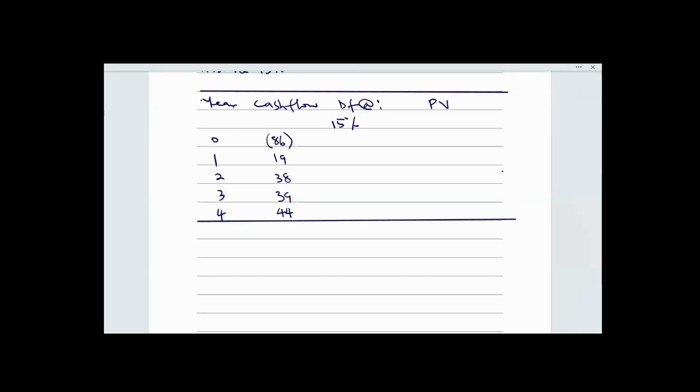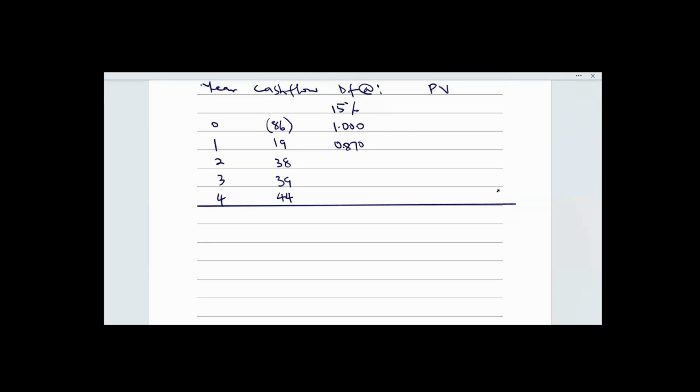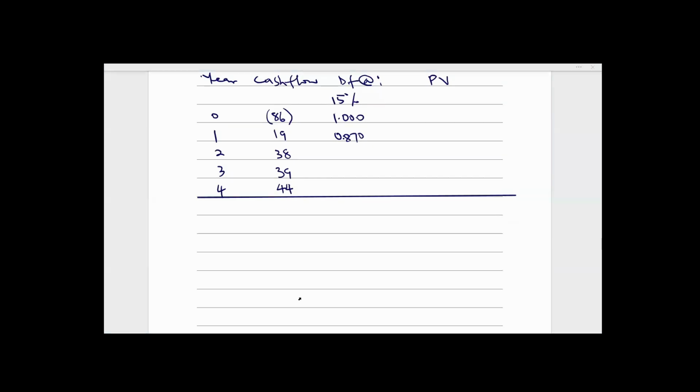So somebody should give me discount factor. Here will be 1.00. Year 1 at 15%, that should be 0.870. For year 2, 0.756.